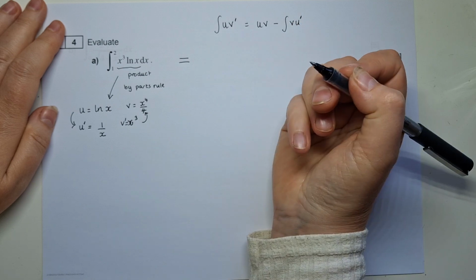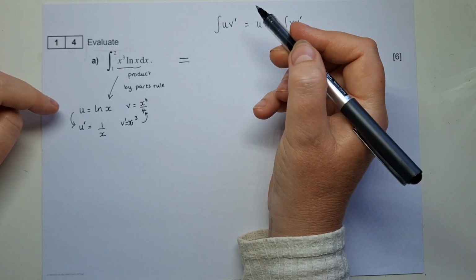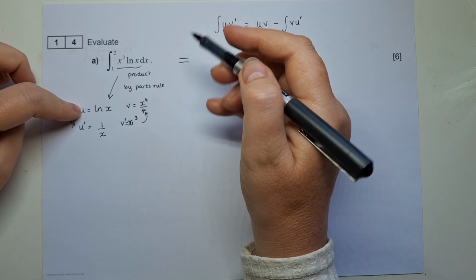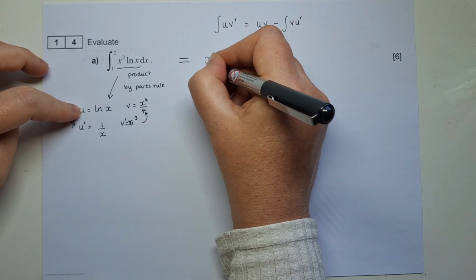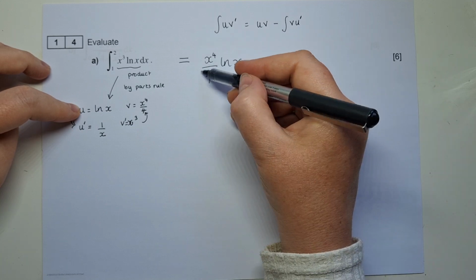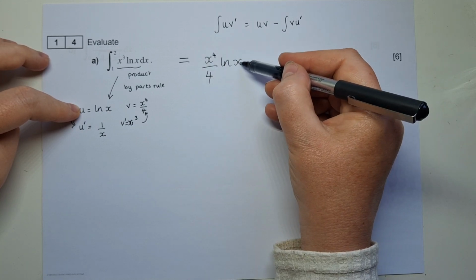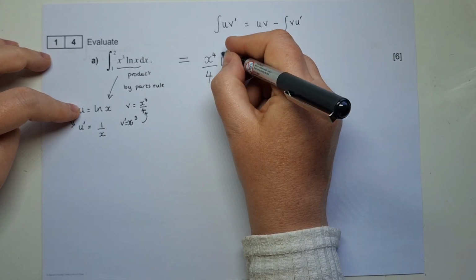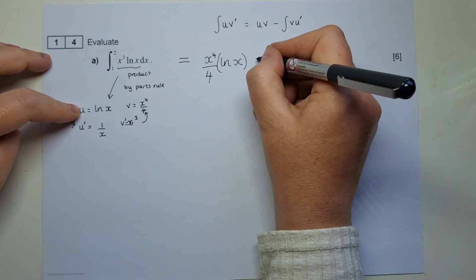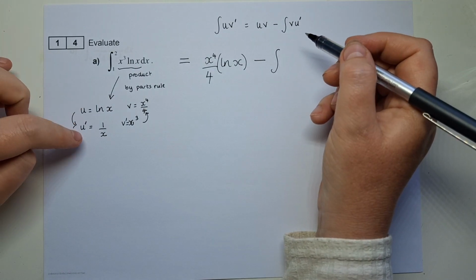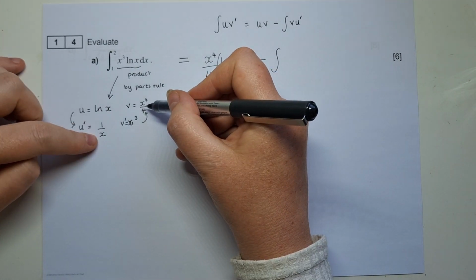So we get x to the 4 over 4. So our question turns into the u times the v, the u that we had and the v that we've just worked out. Don't muddle up this algebra term inside the log, so I'll write the log separately afterwards, or you can put a bracket around it, minus the integral of our v times our u dash.